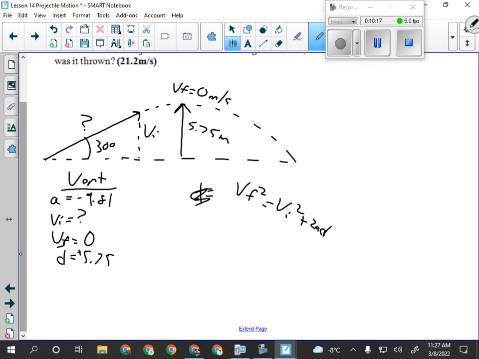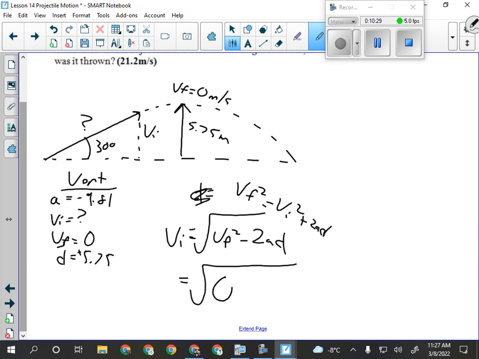So Vi will equal the square root of Vf squared minus 2ad. I'm going to have 0 squared, and I'm not getting rid of that because I need to have that in there when I subtract 2 times negative 9.81, because I need to subtract a negative so I get a positive number, otherwise the calculator freaks out about taking the square root of a negative number, times 5.75.